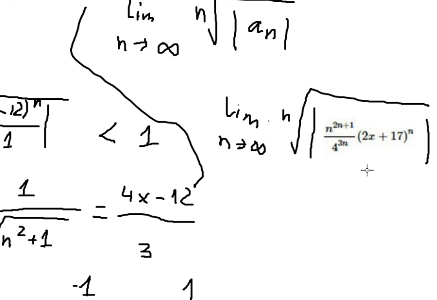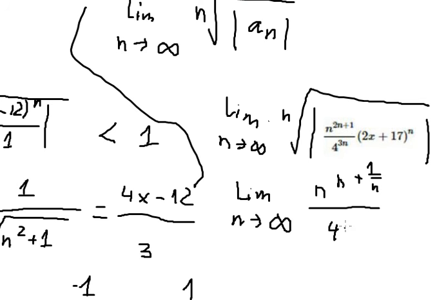Now we cancel n, so they should be like this. So this one, you get n to the power of 2n divided by n, you get n. This one you get 1 over n. This one you get 4 to the power of 3. This one you get 2s plus 17.